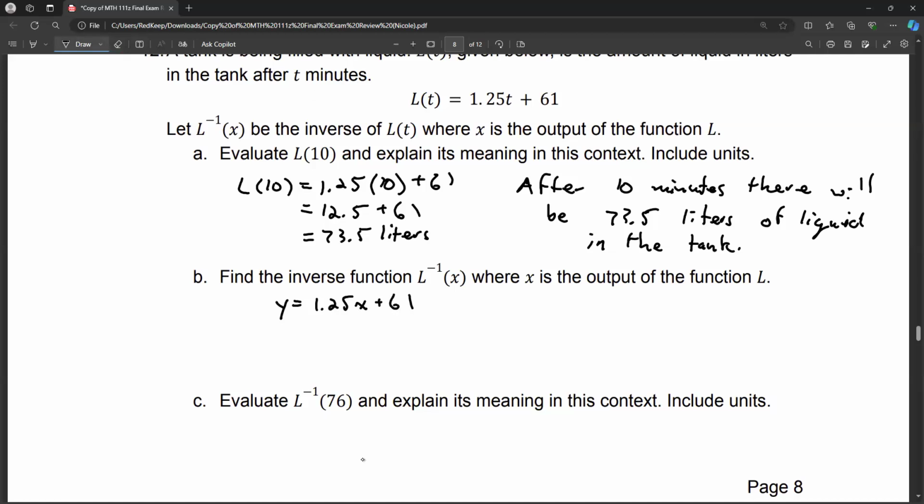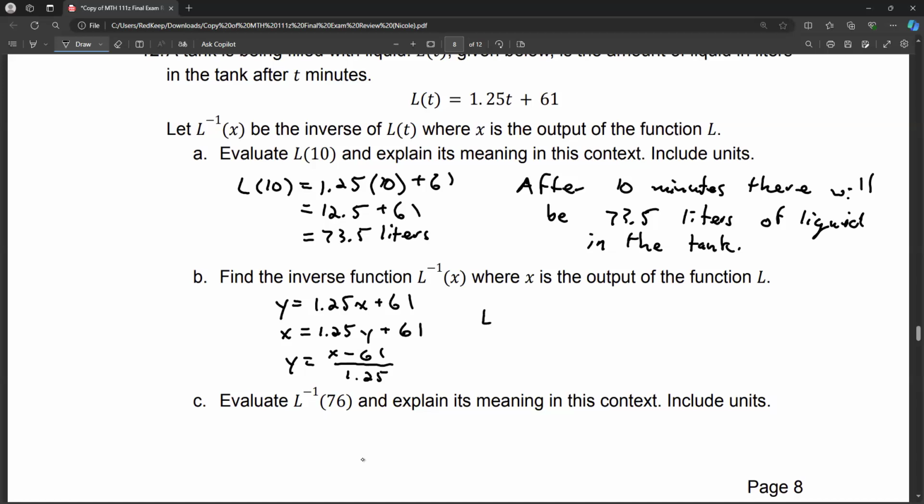Finish writing the equation. And now it kind of feels funny, but we're going to switch these variables around, just like so, plus 61. And now just solve for y. And so I think we'll find that y is equal to x minus 61 over 1.25. And this is now our inverse.